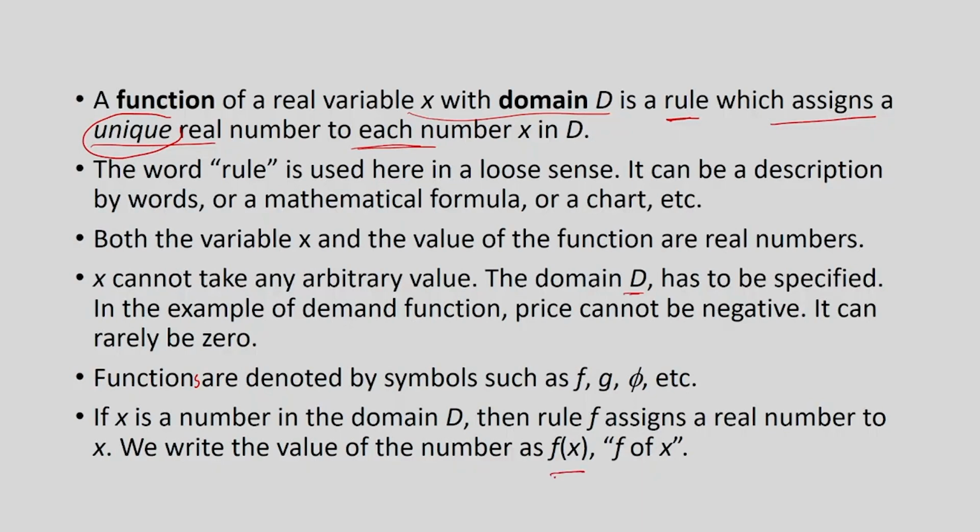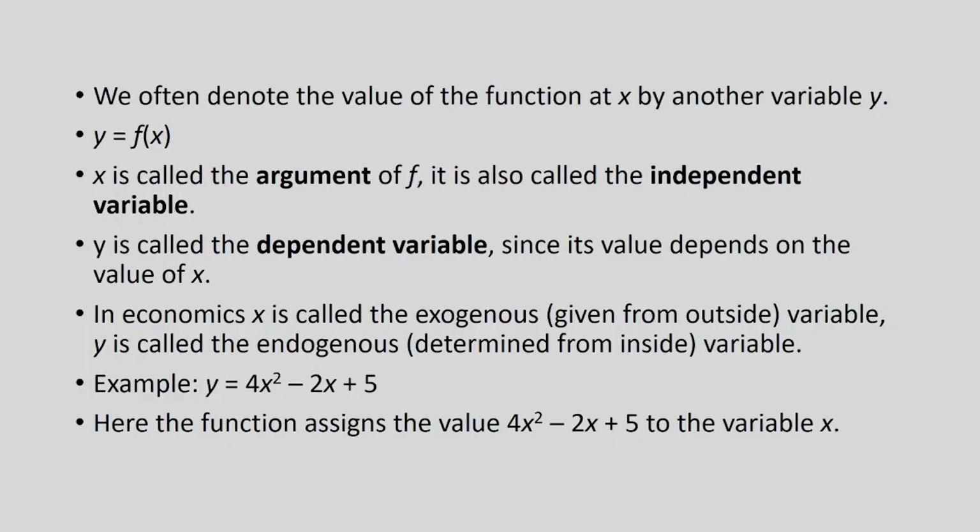We write the value of the number as f(x) or f of x. So, f of x is basically that value which this rule will generate, and it has to be unique for any given x.